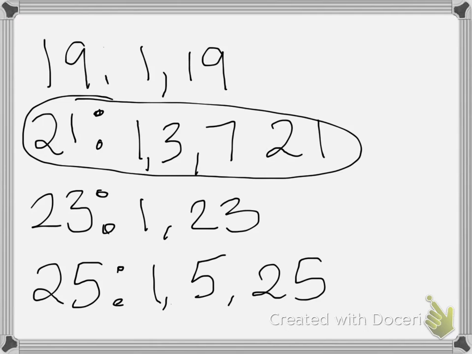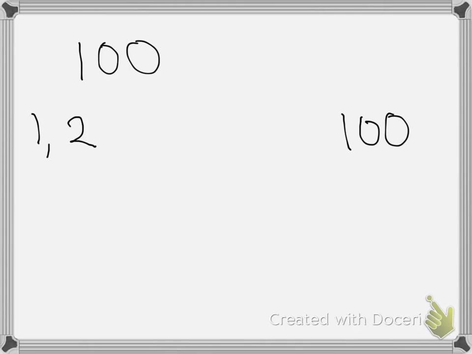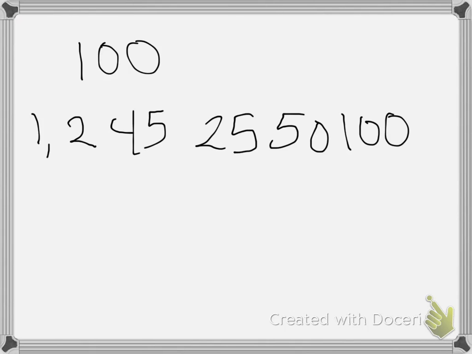Part B wants you to find a number greater than 25 that has more factors than the numbers in part A. Okay, let's think. We might go with an easy one. Maybe you go with 100. 100 is 1 and 100, 2 and 50, 4 and 25, 5 and 20.